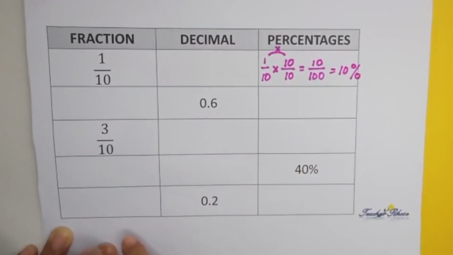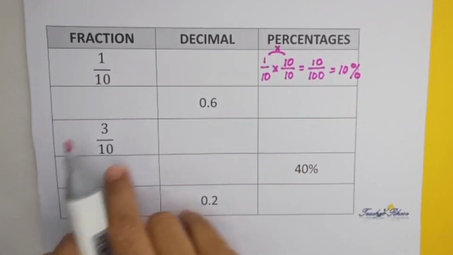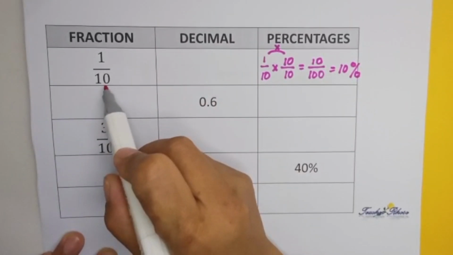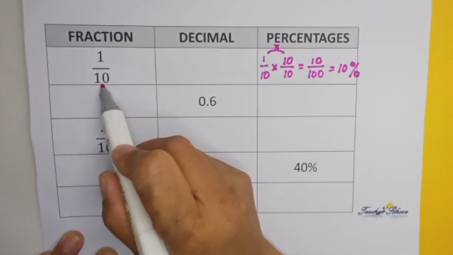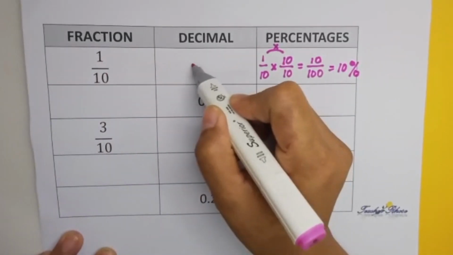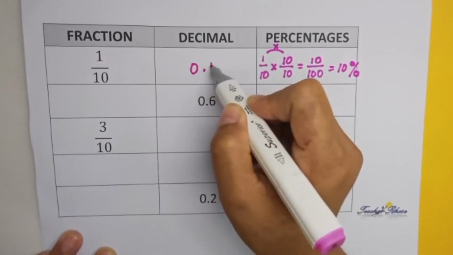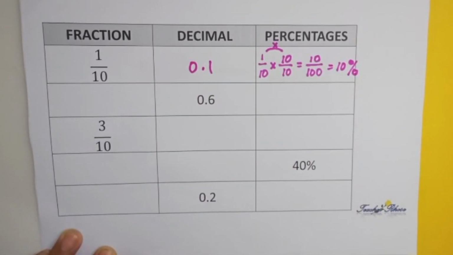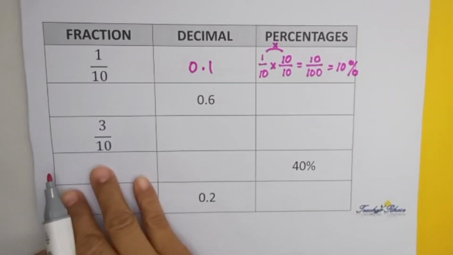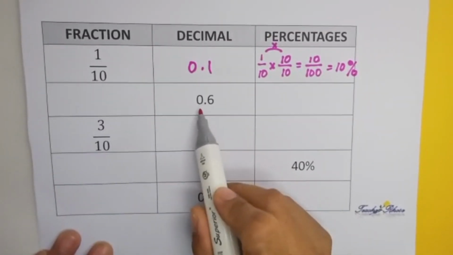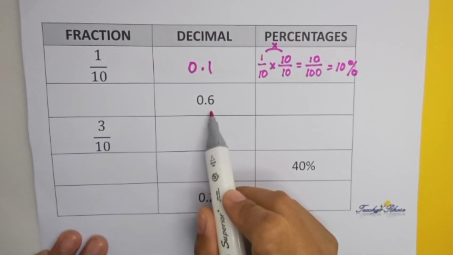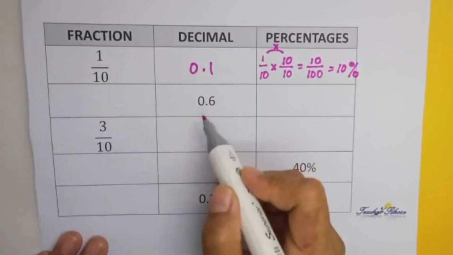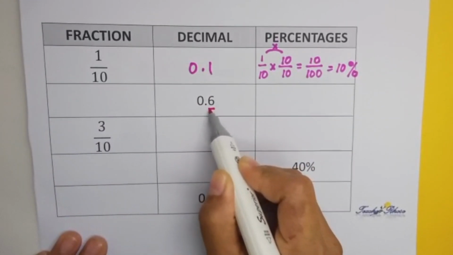But how am I going to convert this into a decimal? I know that 1 over 10 is the same as 0.1. Next, if I have 0.6, I know that I have one decimal place.